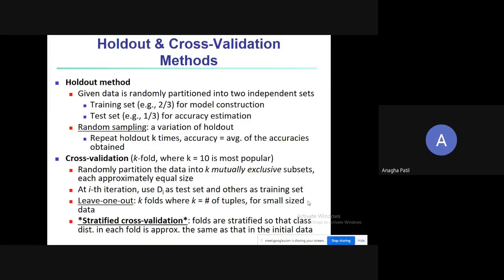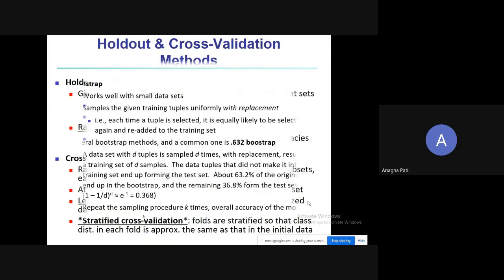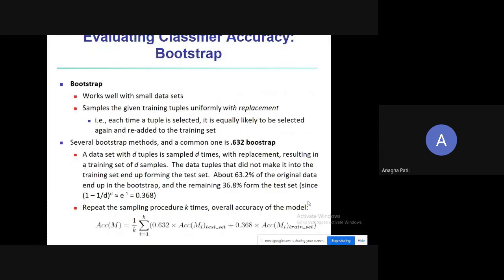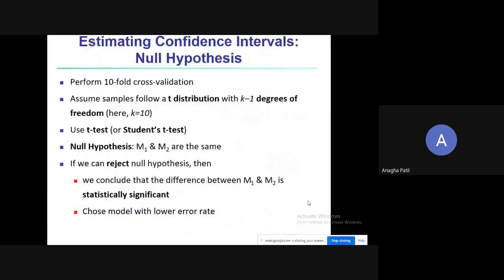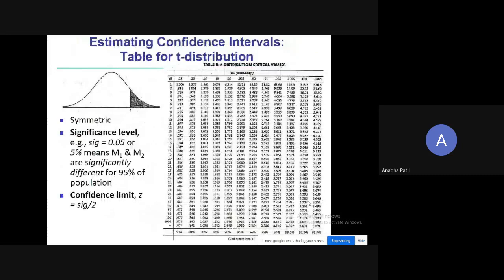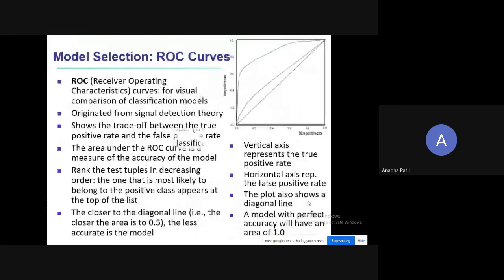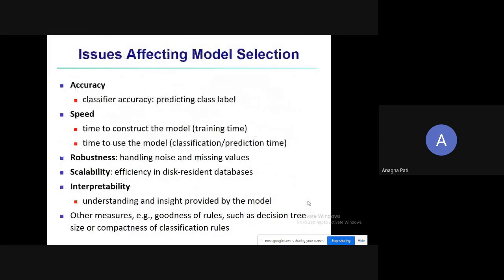This is how we can evaluate which classifier is better. There are also methods available for improving the accuracy, which are provided here but will not be covered in this particular session. And that's it for today.